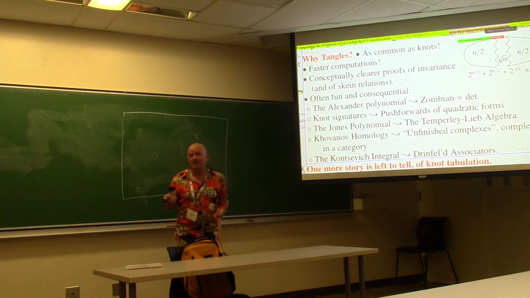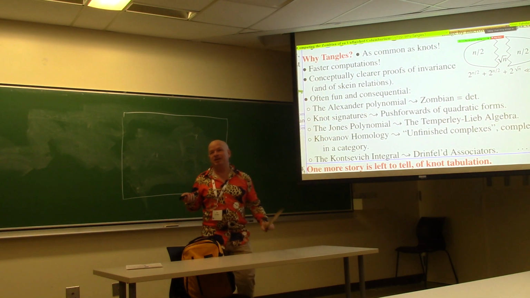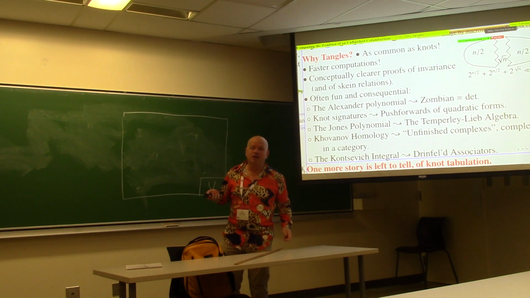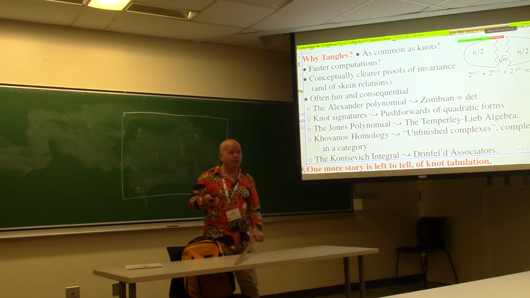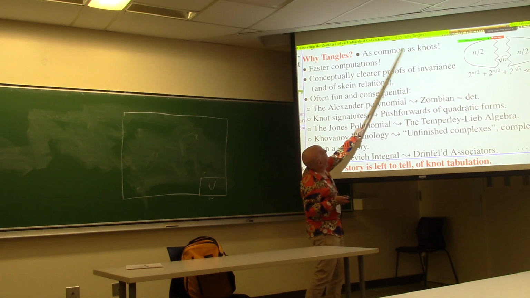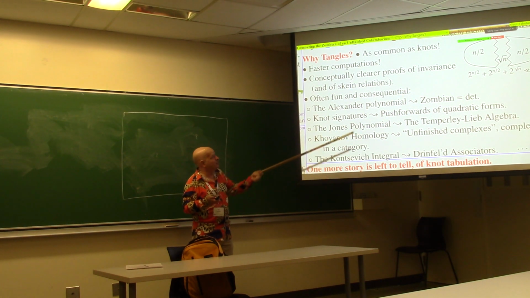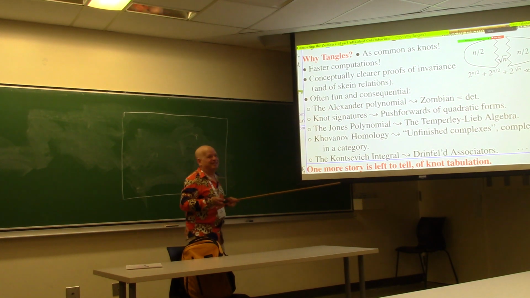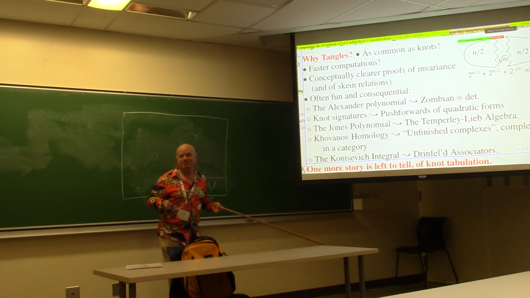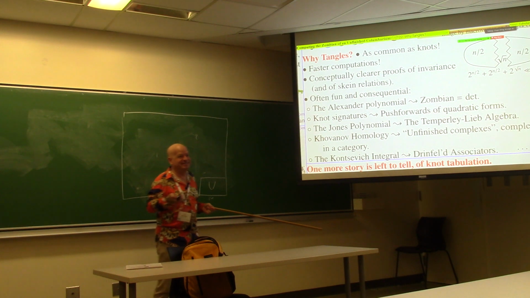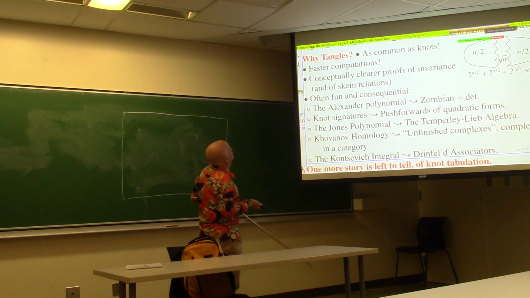For some reason, we as mathematicians don't care as much about tangles as we should, but we should. One reason is that they are as common as knots. Another reason, we've just seen that: real people think of tangles as knots.